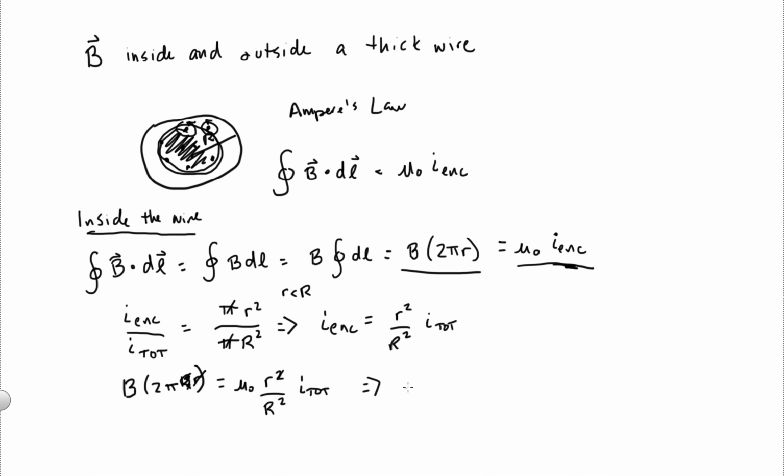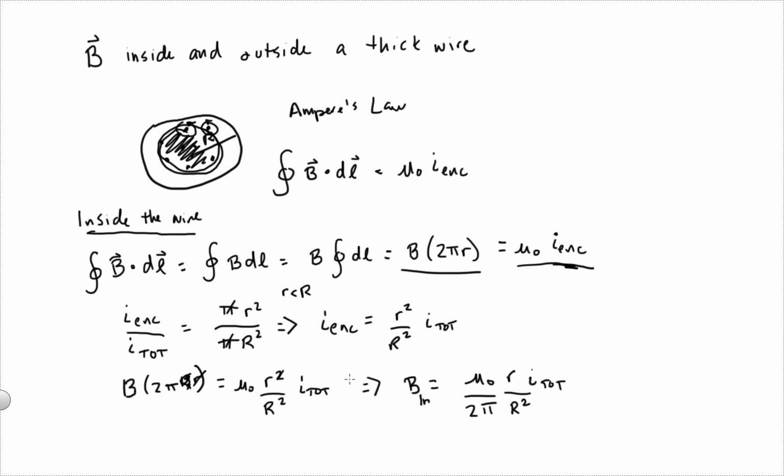And so we get that B, inside the wire, is going to be mu naught over 2 pi, with an r times an I total up top and an R squared term underneath. Okay, so that is our magnetic field inside the wire.